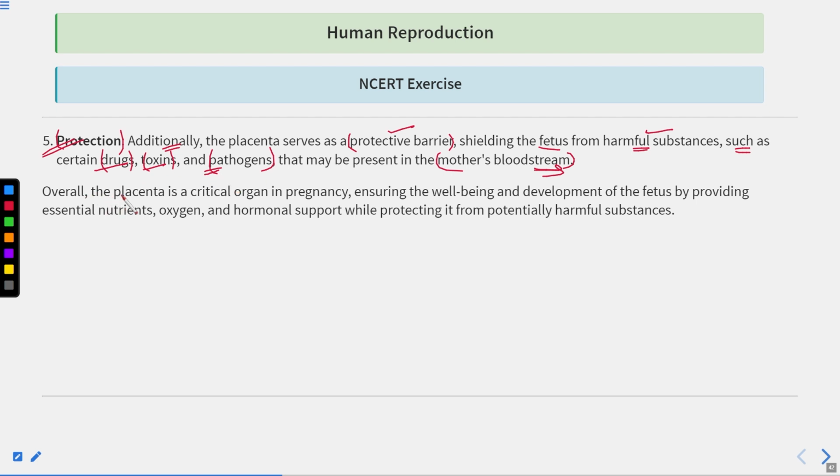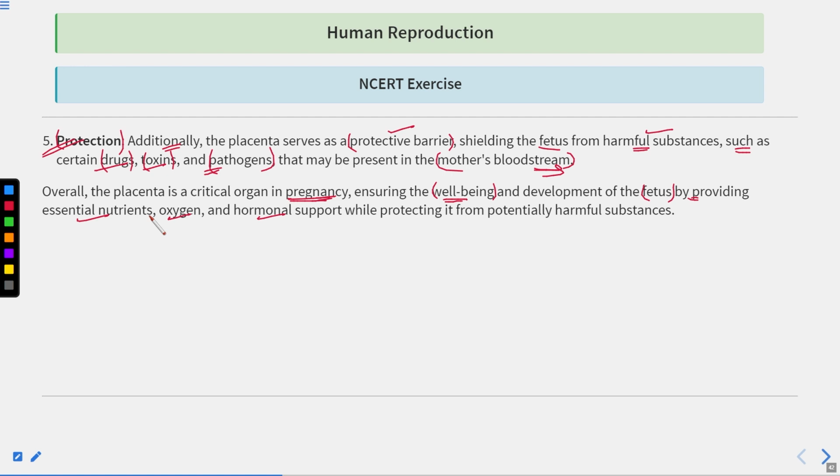So overall, the placenta is a critical organ in pregnancy, ensuring the well-being and development of the fetus by providing nutrients, oxygen, hormonal support, and helping in the elimination of toxic materials produced by the fetus due to metabolic activities.